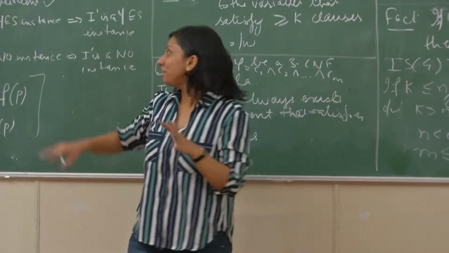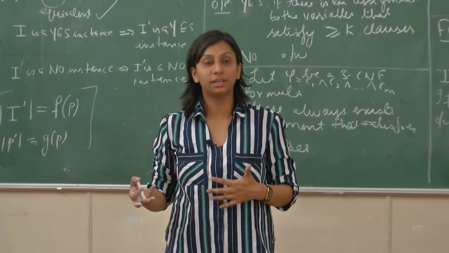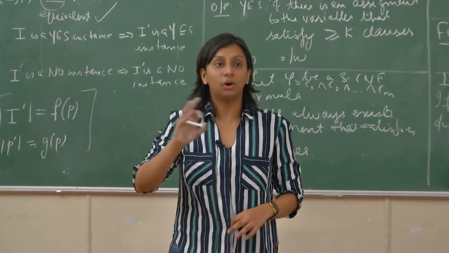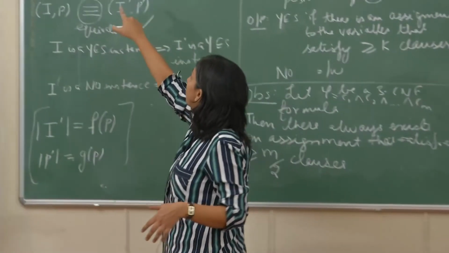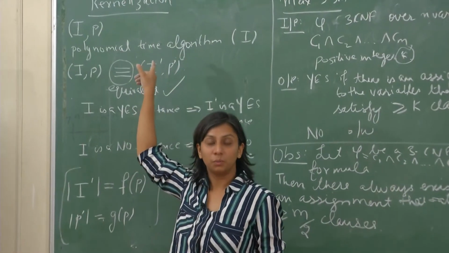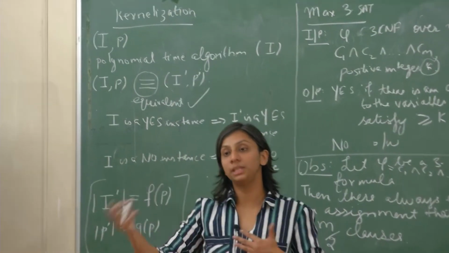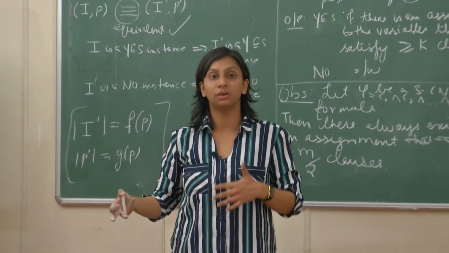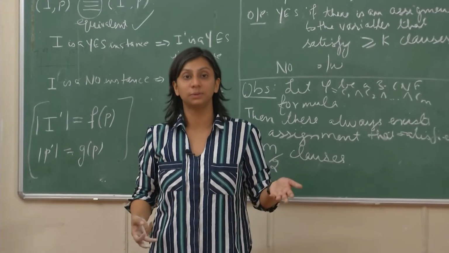Okay, but when I'm designing a kernel, do I really have to go look at the coloring of the graph? Or in other words, what is this polynomial time algorithm doing? Will it first compute the coloring of the graph and then do something, or can it avoid computing the coloring of the graph and just conclude something?